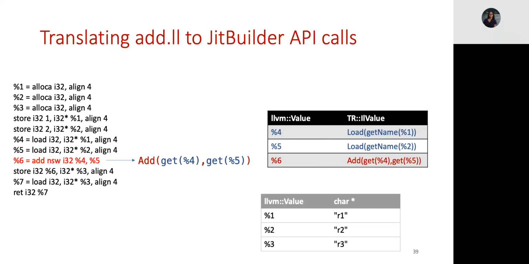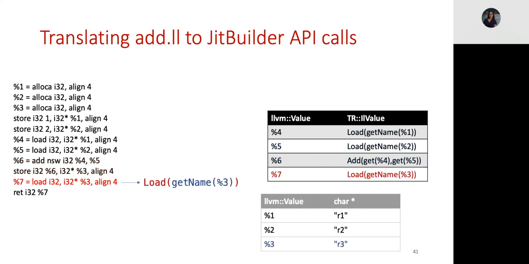The operands are %4 and %5, and the get function returns the IL value that has been mapped to %4 and %5. And then we perform a store into %3, and get name will return R3, and we store %6, which is the result of that addition, into variable R3.